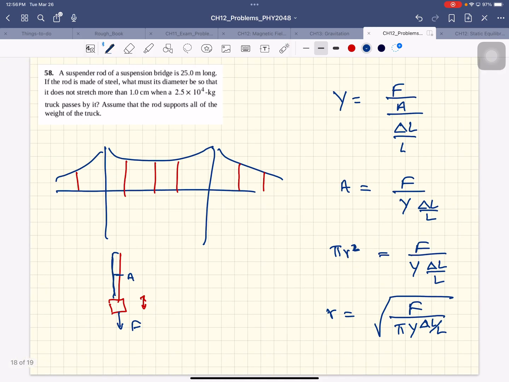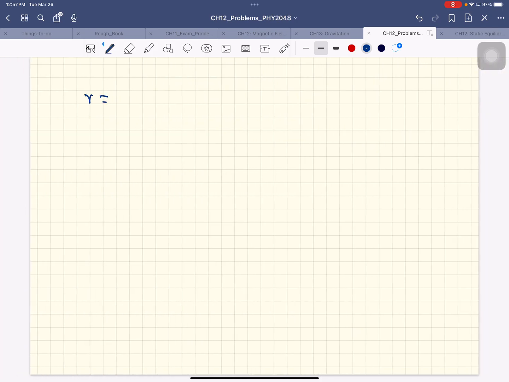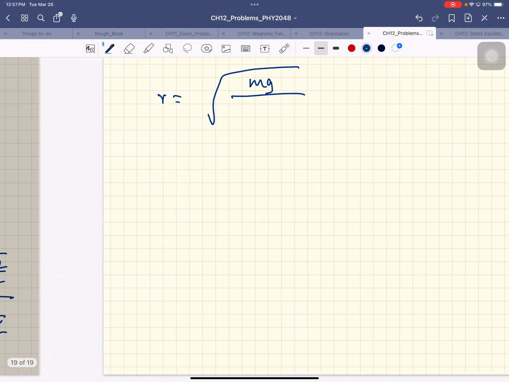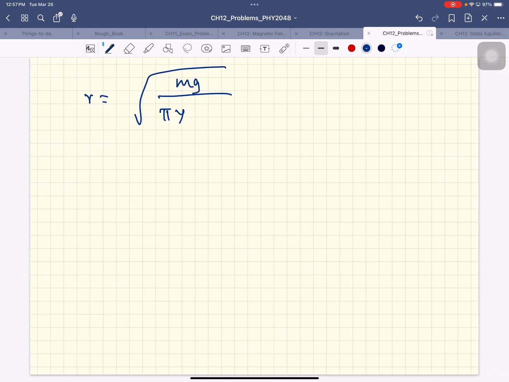All right. So the force is the weight force equal to mg, what you're supporting. Pi y delta L by L, and I'll write this L on top now. That's 25,000 kg. g is 9.8 meters per second squared.